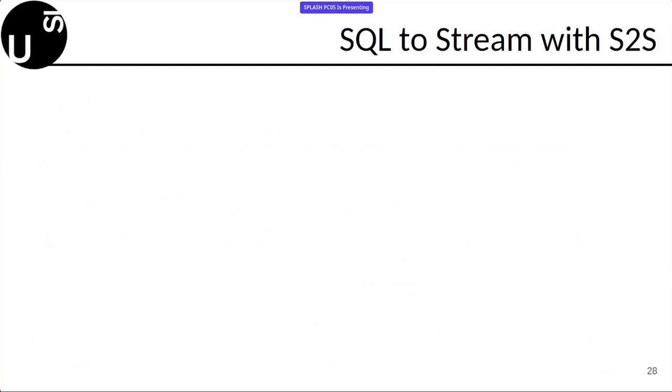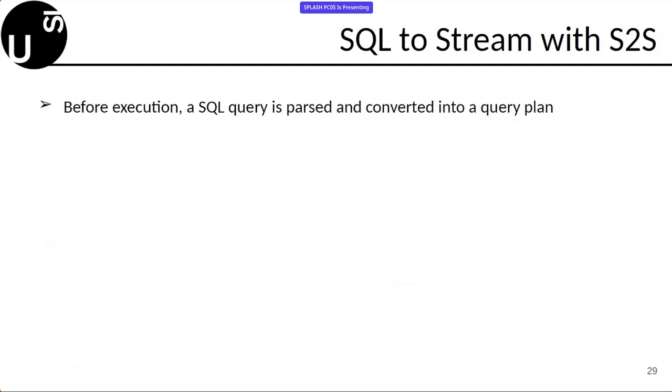Before entering into the details, I will quickly recap how a query is executed on a database system. Before query execution, a SQL query is parsed and converted into a query plan, which is basically an abstract syntax tree representation of the query.